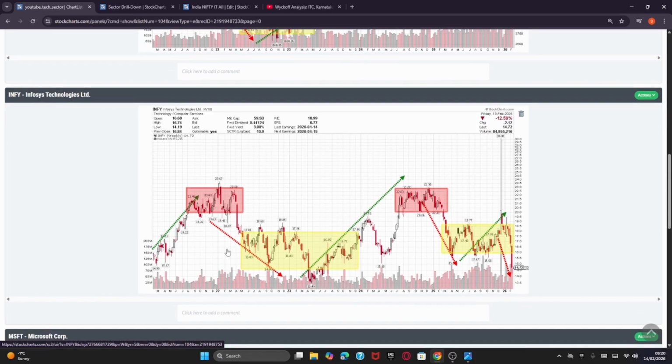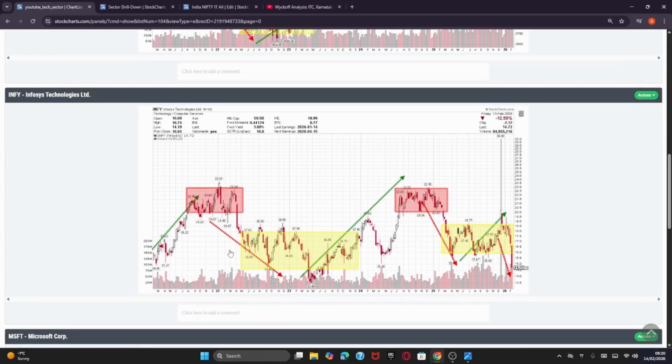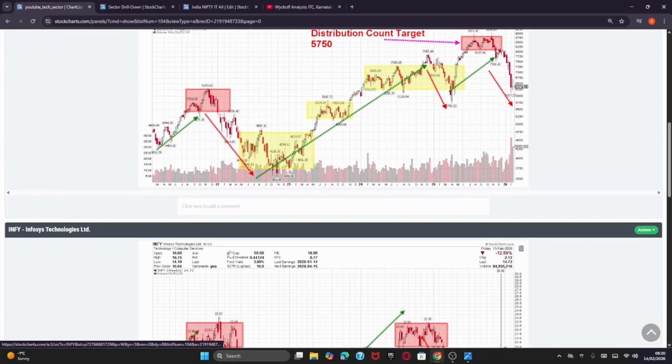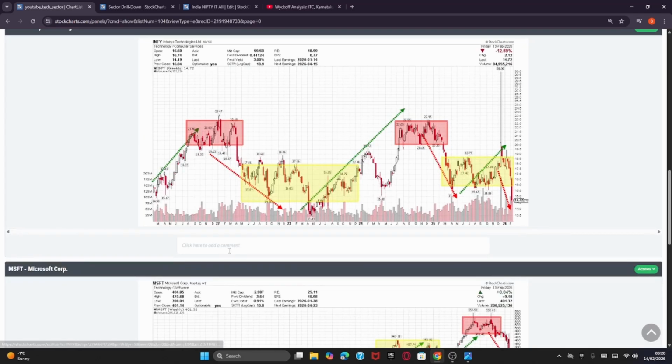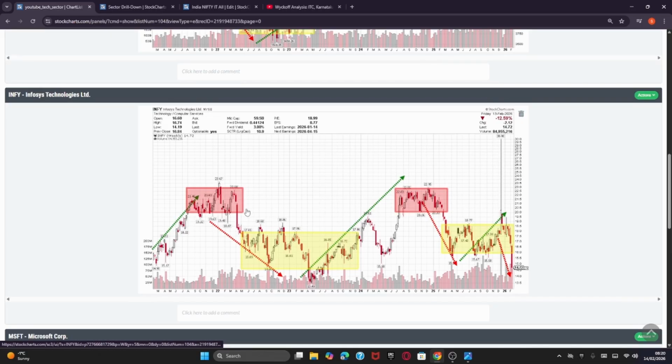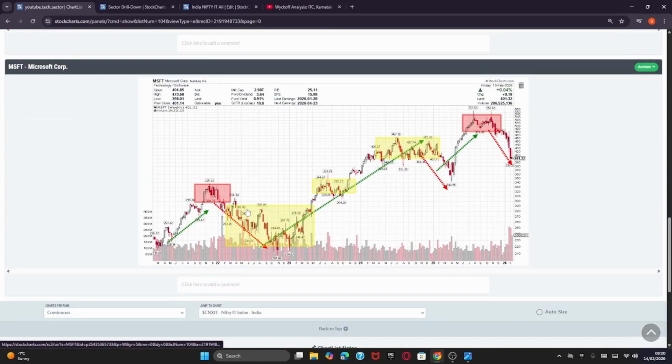Why I am showing these charts is that when we look at the sector level, the stocks inside that sector also move very close to what the sector is doing. So this helps us do an analysis at a very high level to understand what kind of actions we can take going forward.